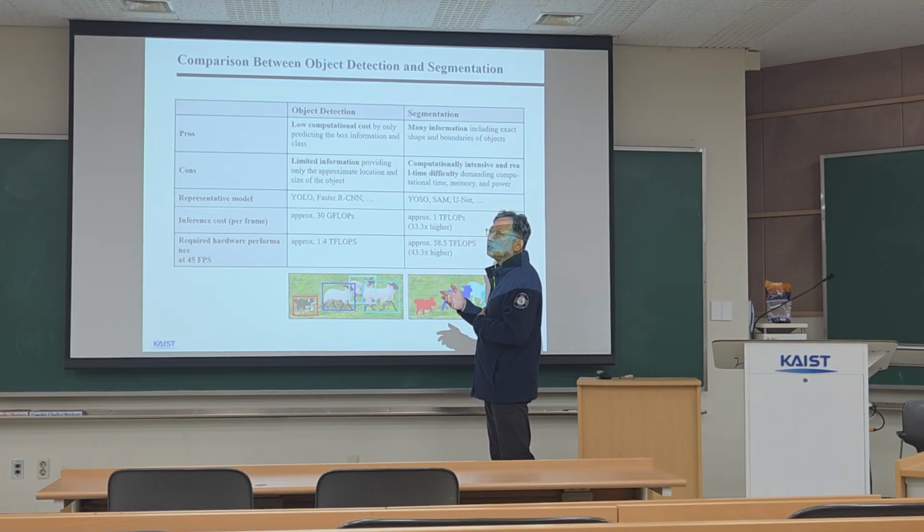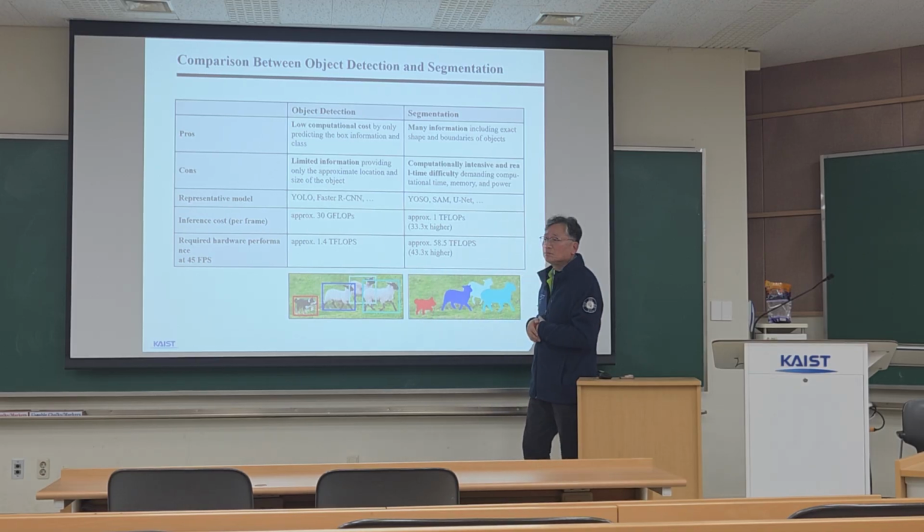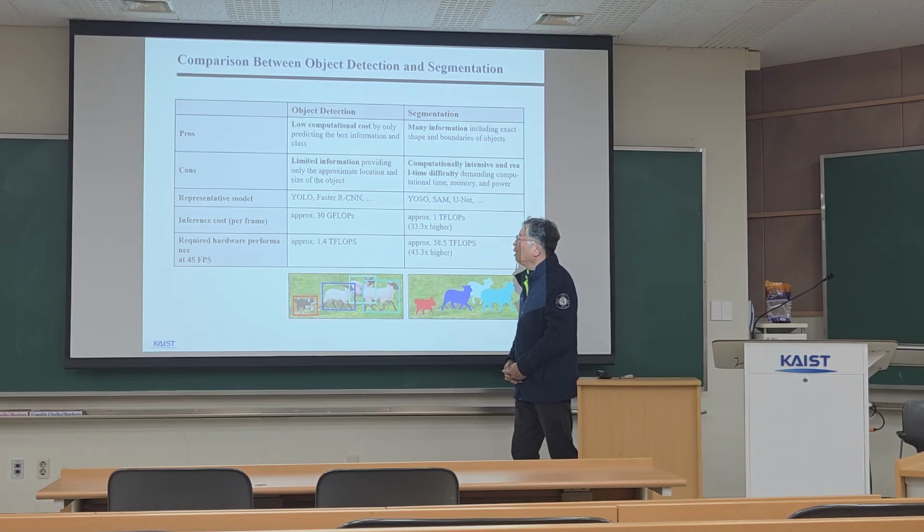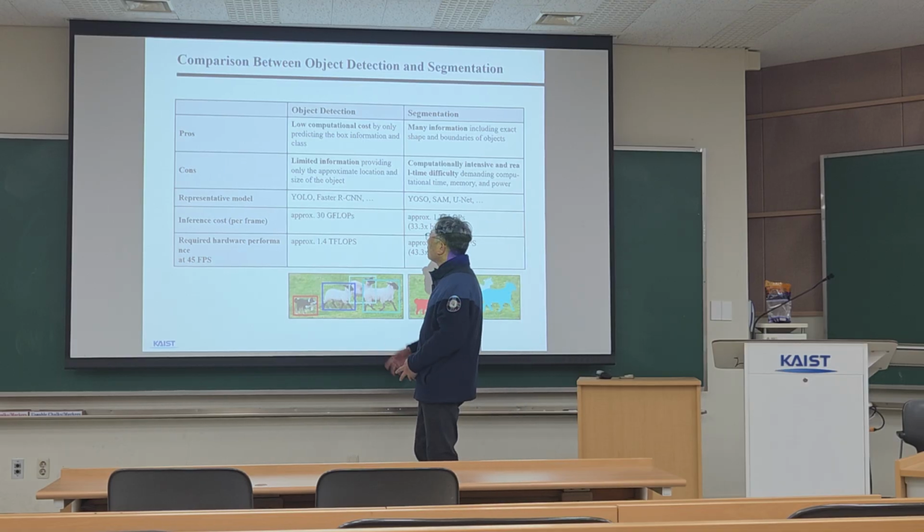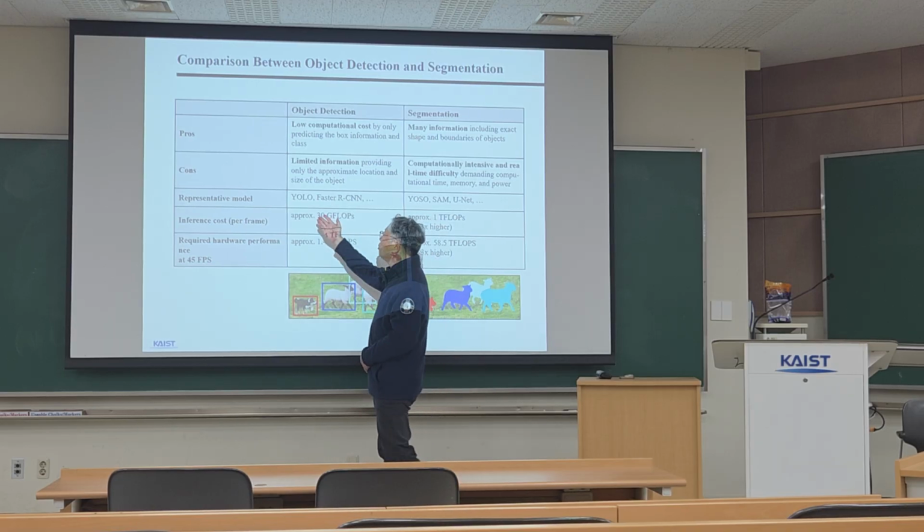But what are the cons? Object detection obviously provides little information compared to segmentation. Segmentation provides all the information. There are different models for both of them, and we're going to focus on YOLO.